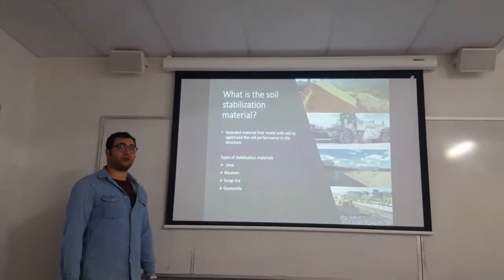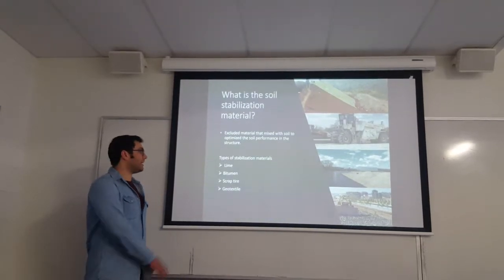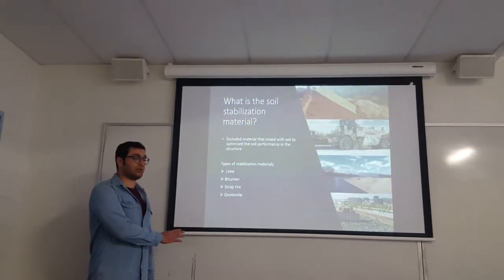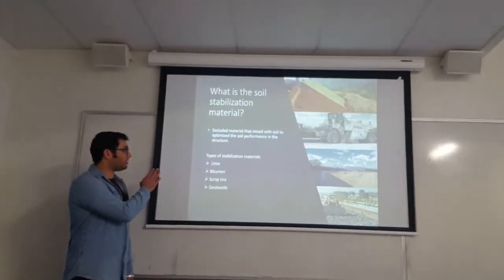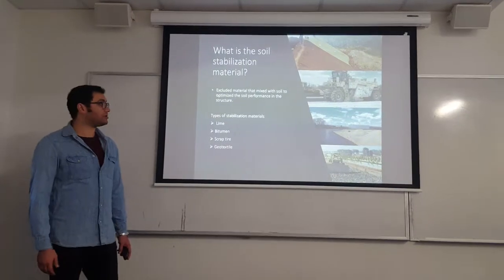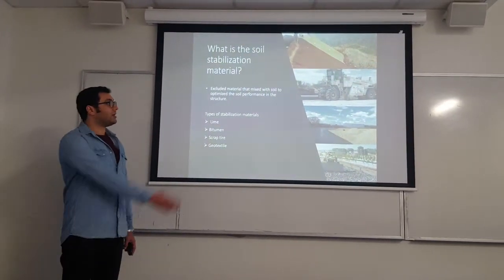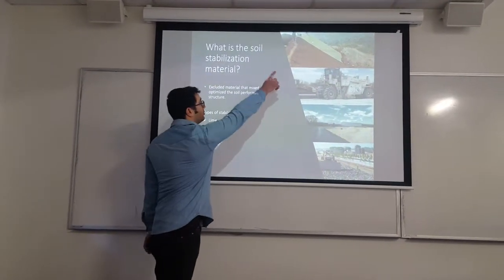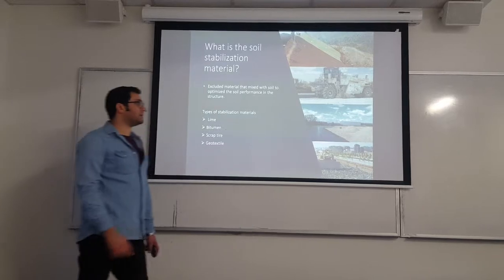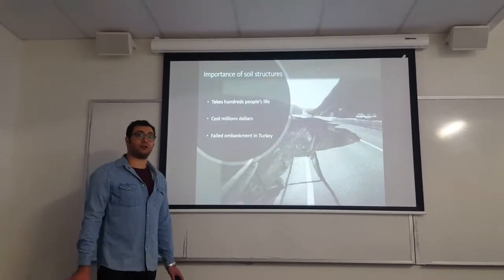We have a vast number of stabilization materials for soil, but in my report I want to mention 4 different types: lime, bitumen, scrap tire, and geotextile. You can see in these pictures lime, bitumen, geotextile, and also scrap tire at the end.